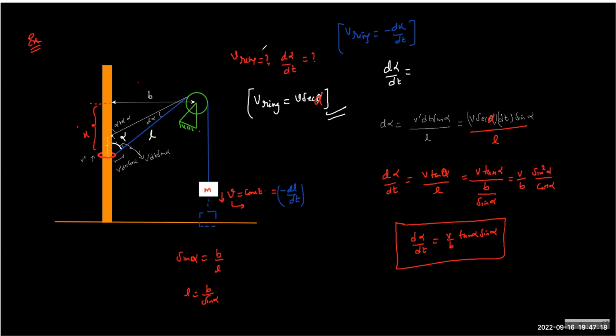So I got dx by dt. Very good. So dx by dt, how much did you get when you differentiated? Let me write it down.